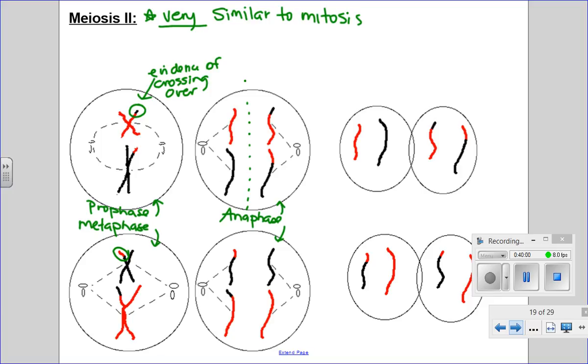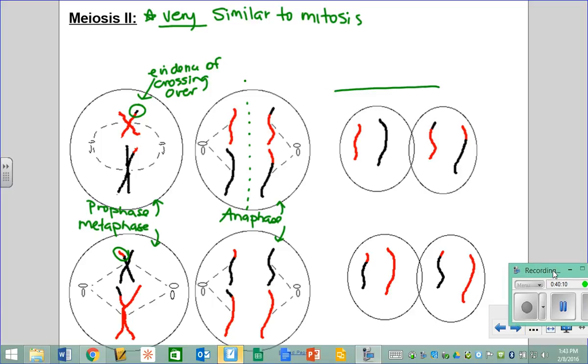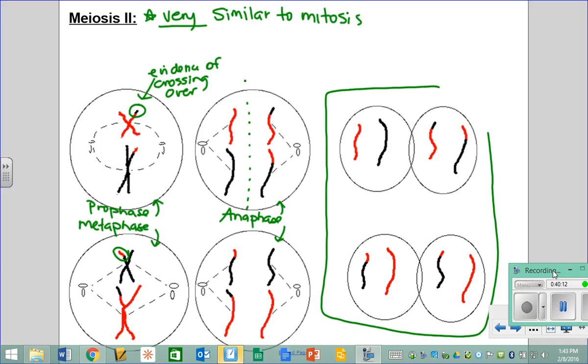On the bottom, it's showing you the opposite scenario, just trying to remind you that there are two possibilities for what happens. At the end of meiosis, you have 4 daughter cells.